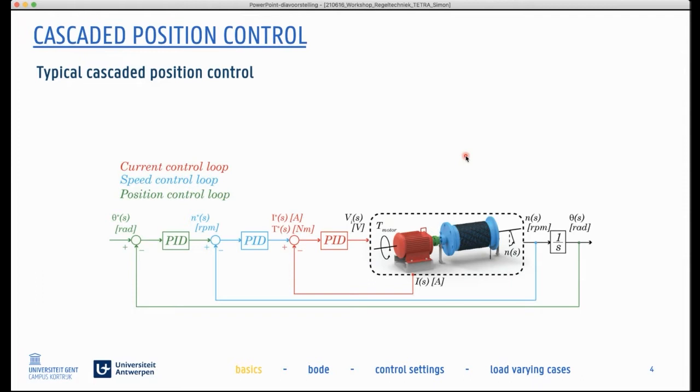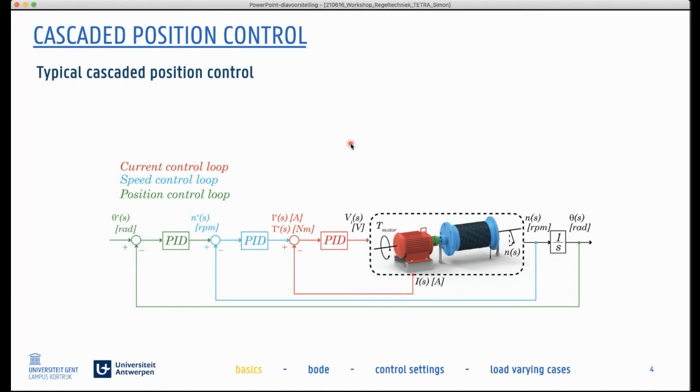But as an example case, we will focus on positioning applications, on motion profile positioning applications, and we will also see some things that are specific for that kind of applications. But then I will indicate, in most cases, everything I tell you is generally applicable, and that's also the purpose of this workshop. If you have to design a controller, you should be able to use everything I said in this workshop as practical tips and tricks, do's and don'ts for designing an actual controller.